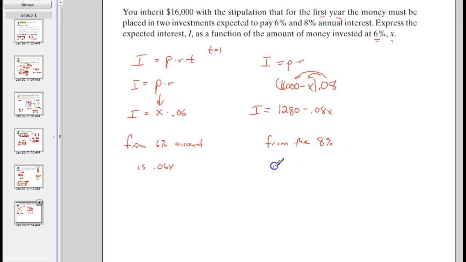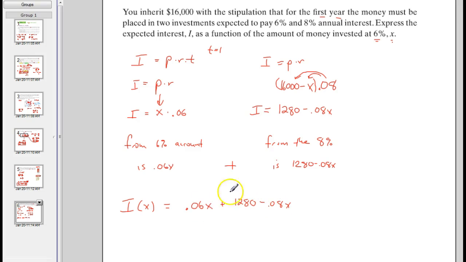Okay, so what am I going to do? I'm going to take both of these and add them together, and that's going to be the total amount of interest as a function of the 6%, X. So I is the name of the function, X is the name of the input, so I'd write it that way: I of X equals, and then I'm going to add these two together, 0.06X plus 1280 minus 0.08X.